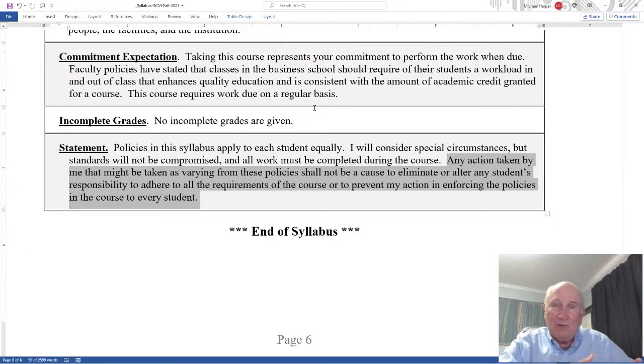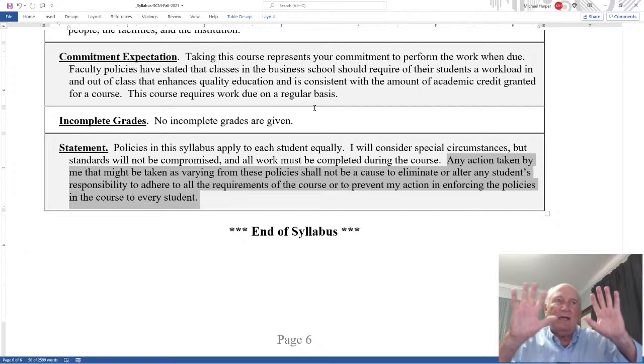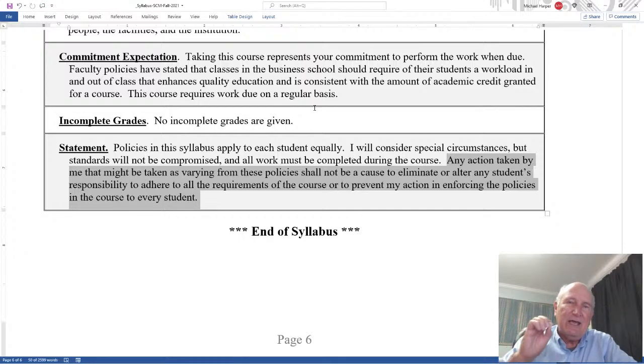If you have the same problem, I'll probably help you out. But don't consider that as, okay, I'm going to submit everything by email now. If my email goes down, then I'm not submitting it, and I'm not going to get graded off on it. My point is that any action taken by me should not be taken as a justification for not doing the work. Okay.